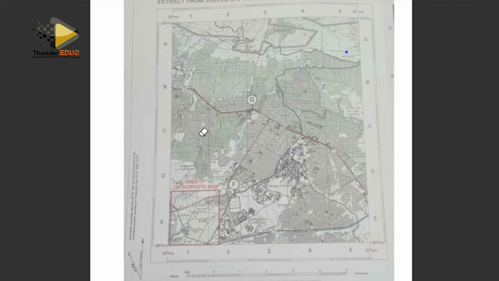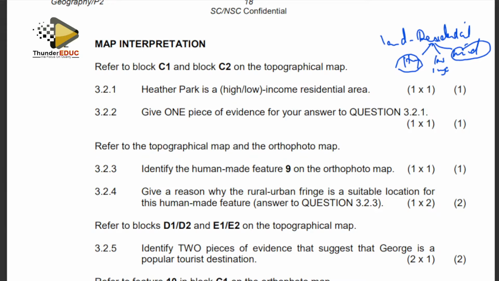They are far away from the city and they look to be having big blocks. You can see if this area here covers from here to here, that is a block of land. From here to here, meaning that this area will be having high income earners. So that is how I'm concluding to say, Heather Park is high income earners.